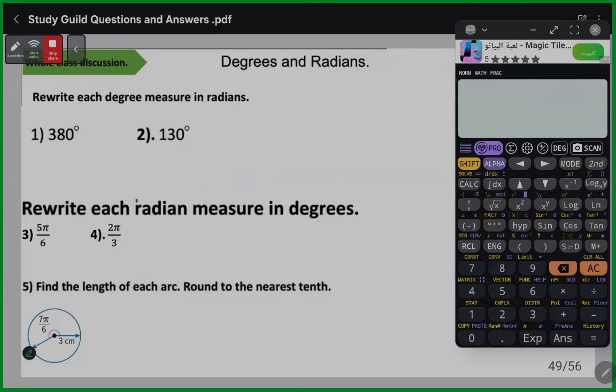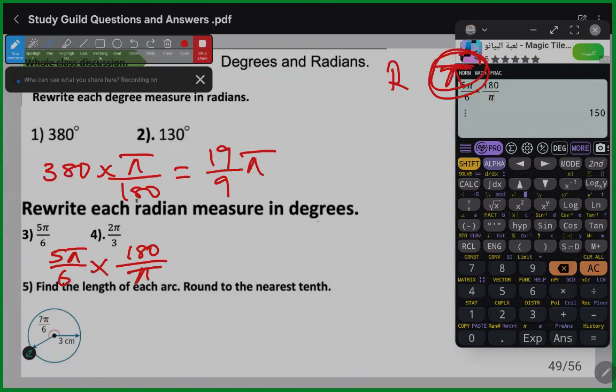So I have 5 shift pi over 6. Now multiply by 180 over pi. So my answer here is going to be 150 degrees. And that's how to do it.